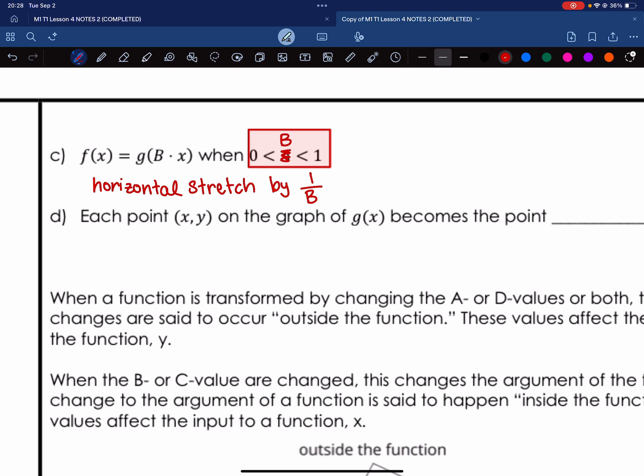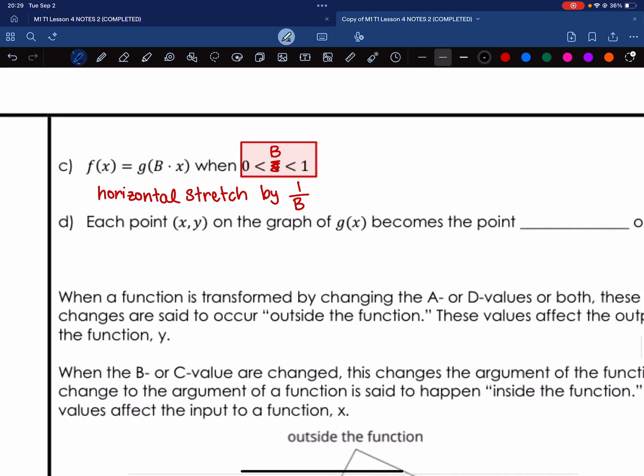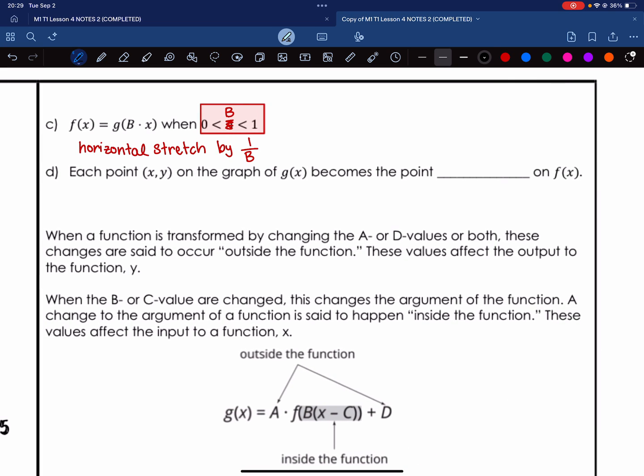So what that means is if it's a 1/2, it will become a 2. It's just flipping the fraction. Okay? And so each point on the xy graph becomes what on f of x? So when you have this transformation, what's going to happen is you are going to multiply that x value by 1 over b, and your y value is going to stay the same.